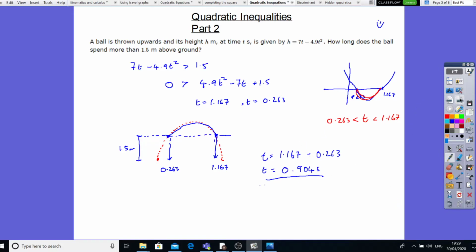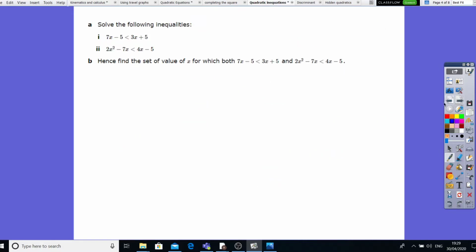Okay, let's go on to the next one. Solve these inequalities. Let's just go for the first one. They look pretty standard. 7x minus 5 less than 3x plus 5.